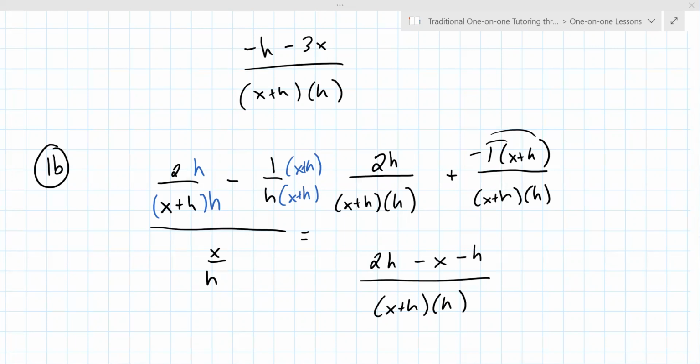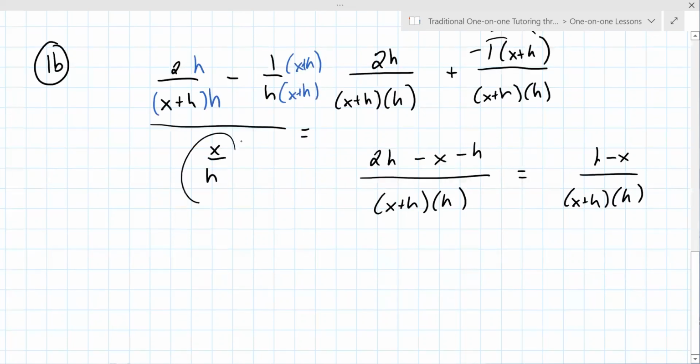So it's h minus x over x plus h times h, but then we finally bring down this thing that we've been neglecting the whole time. So would you multiply by h over x?